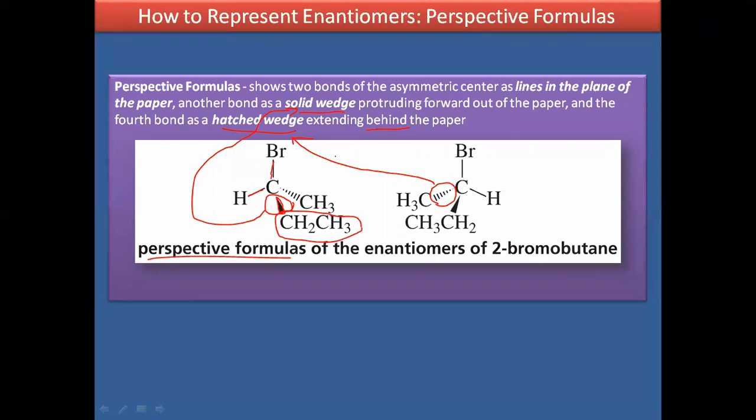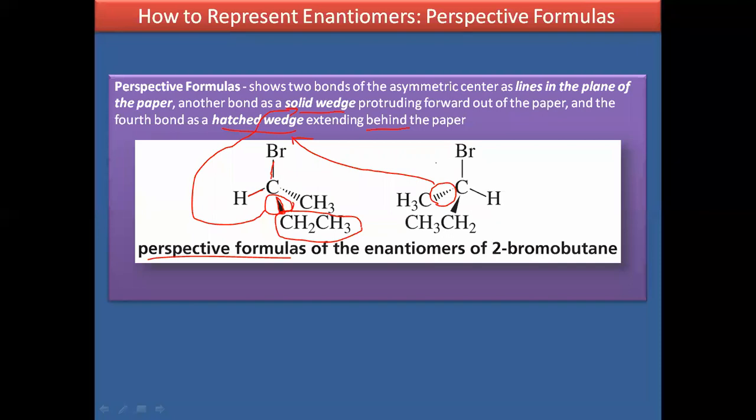Behind the paper means the atom or group is far away from the observer. This formula is called the perspective formula for writing 3D structures in the 2D plane.